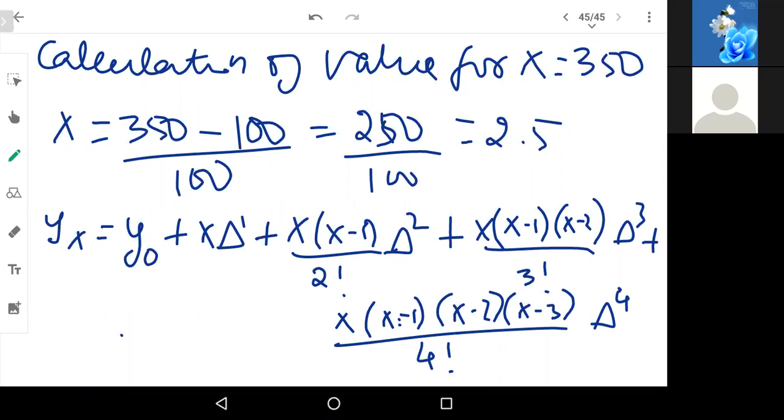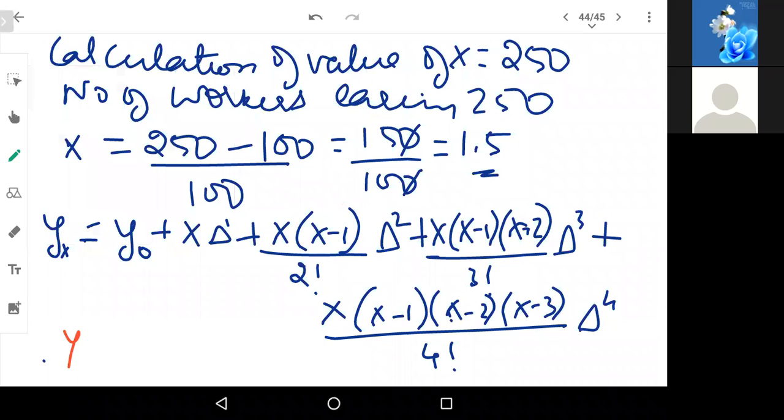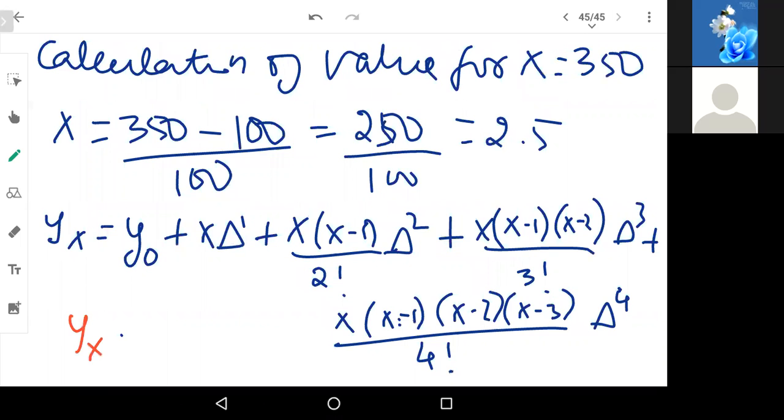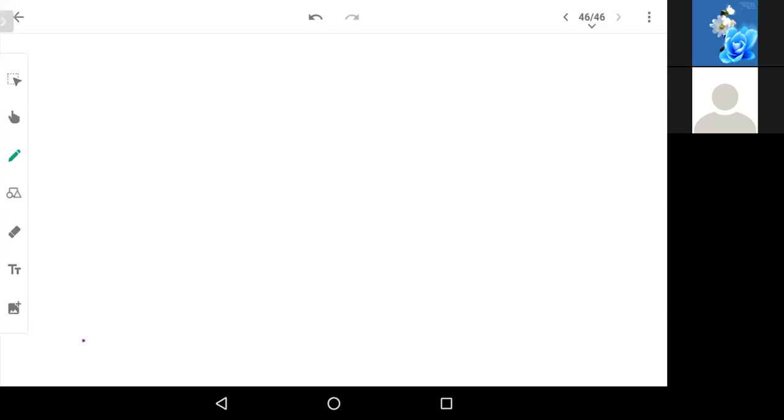Okay, so as per the calculation, you will get the y value here as 215.234 and y value here as 399.609. Now, what are we supposed to do with these values is that this is the important part. Listen carefully.